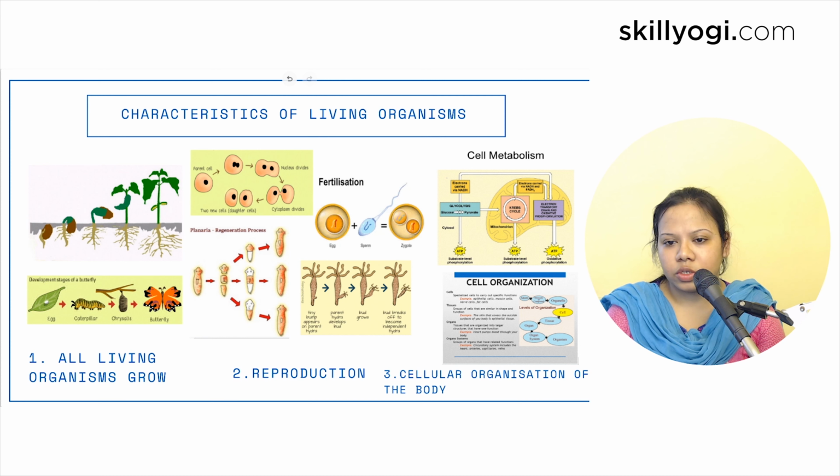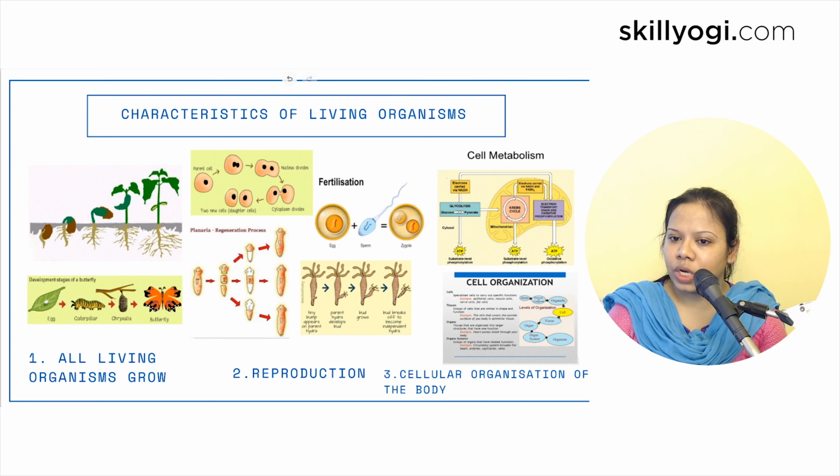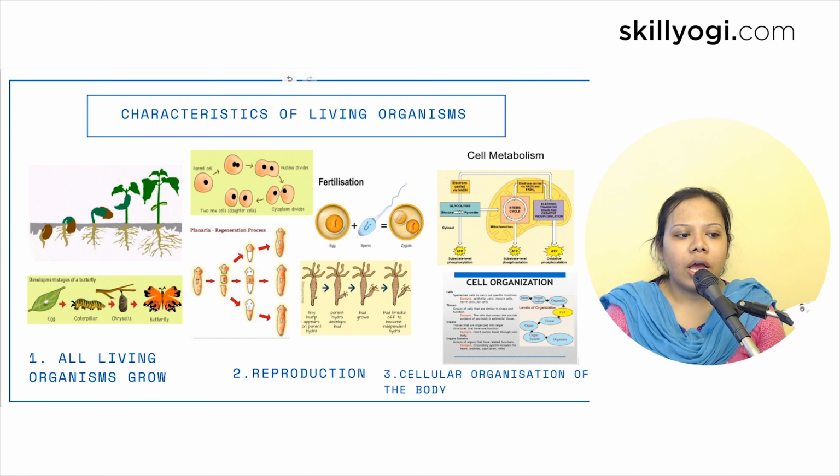This process is known as regeneration. In Hydra, the process of reproduction is known as budding. A tiny lump appears on the mother body, detaches from the mother body and produces a new organism.